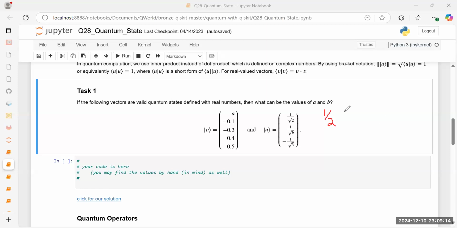If we square this, we get 1/3. So if we sum these, we get 5/6, if I'm not mistaken.